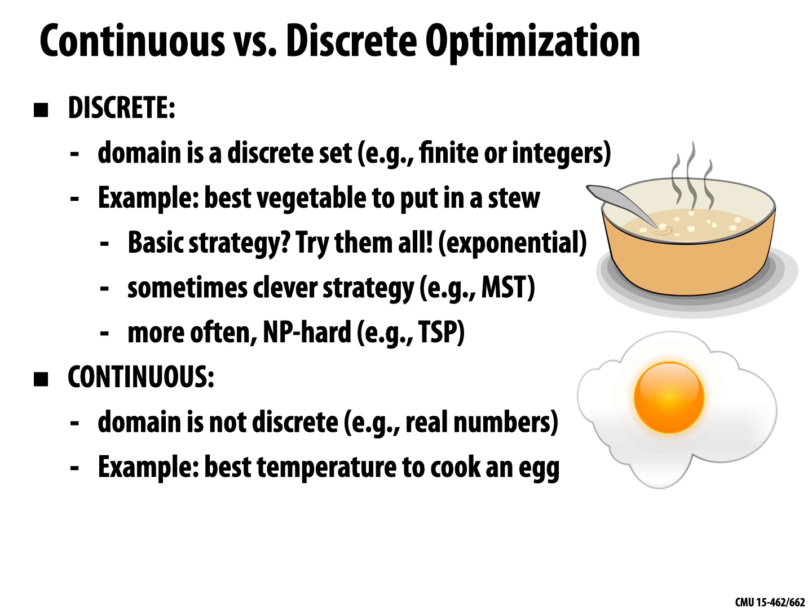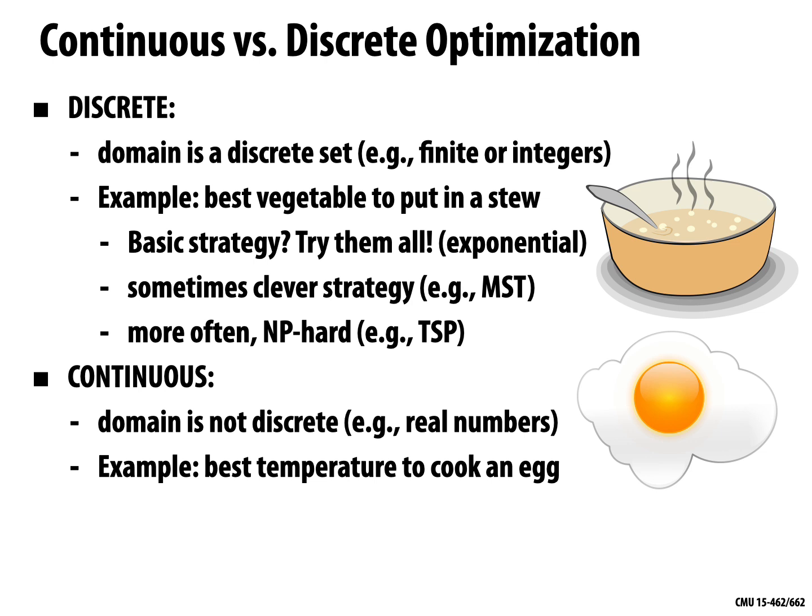Right? So there, I can't try all the possibilities. There's infinitely many or uncountably many different temperatures I could try to cook the egg at and check which one is the best. Well, that'll take me literally forever, right? So I have to come up with a different strategy.